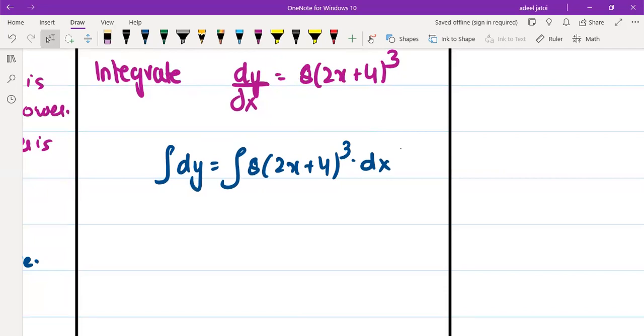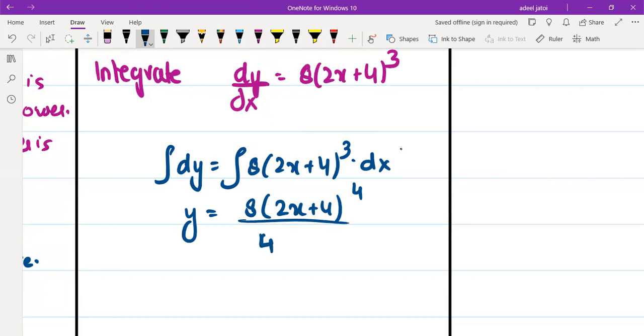So 8(2x + 4), 3 plus 1 will be 4: 1 is added to the power, divided by the new power. The only difference is that previously the differentiation of the bracket was multiplying. Now the differentiation of the bracket will be divided, because it is a reversal process. So differentiation of 2x plus 4 will be 2. So we are going to multiply 4 with 2, and 4 twos are 8.